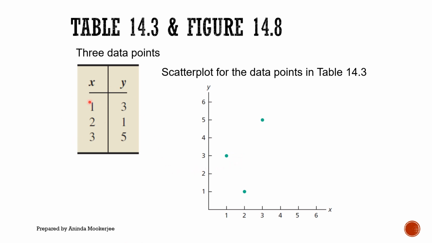So here the data given to us are 1, 3, 2, 1, and 3, 5, and these are the points in the scatter plot related to this data.